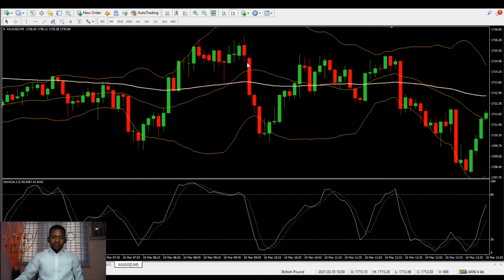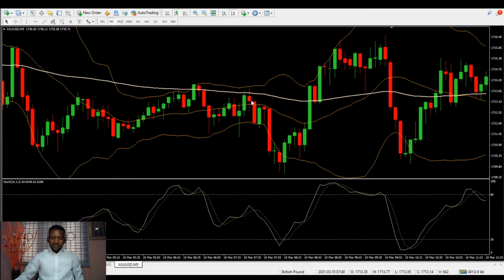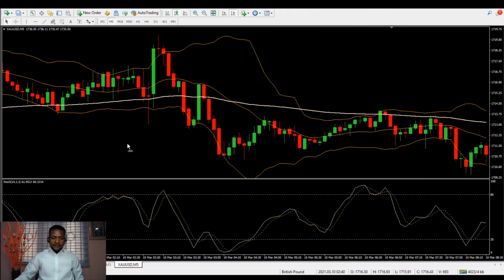So when the price comes outside the lower or upper band and the next candle closes inside the band, it indicates a possible change of trend. This is another example. This is price, and it came outside the band. The next candle didn't close inside, the next didn't close inside, it closed outside. But when this one closed inside, what happened? The market went up. So that is how Bollinger Band works.